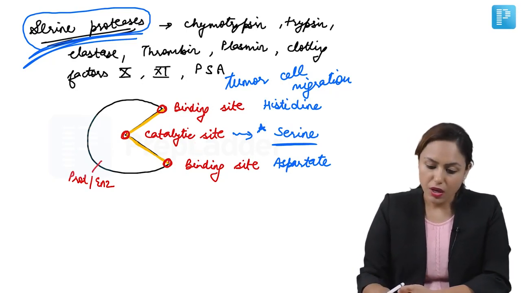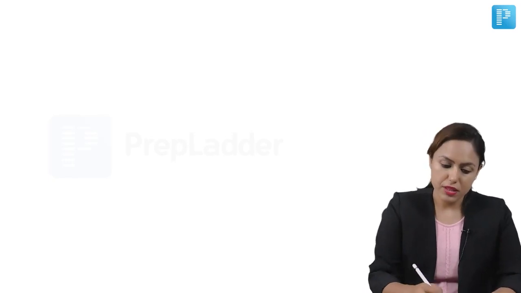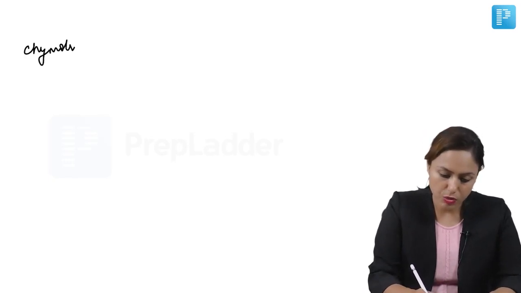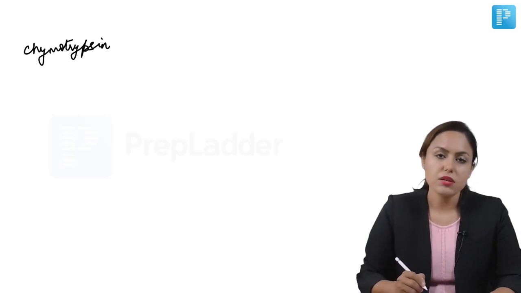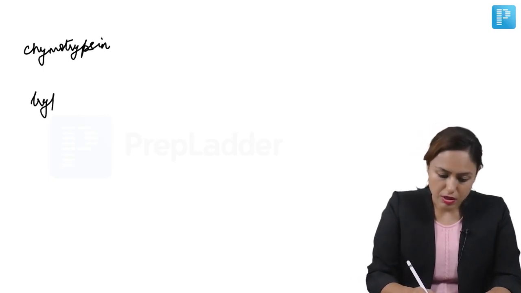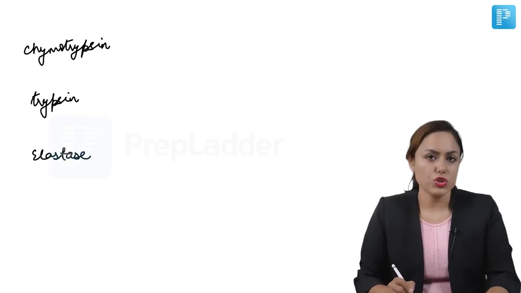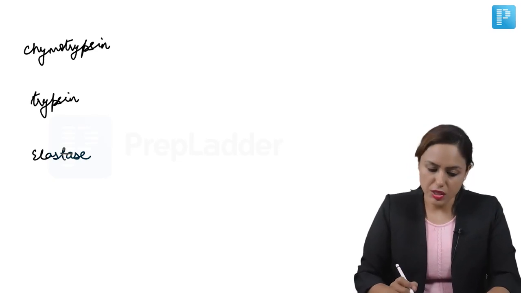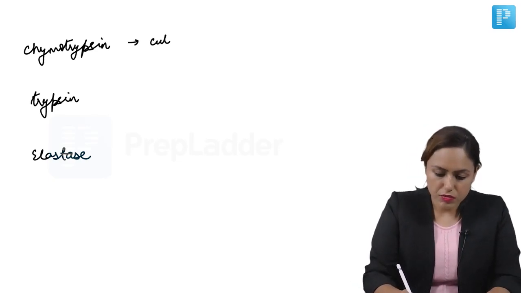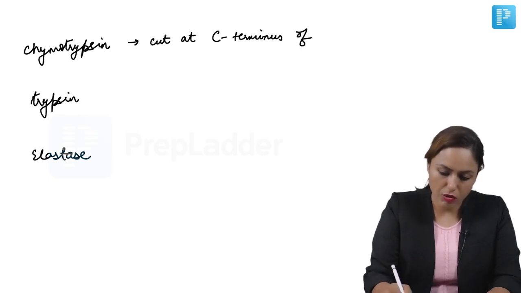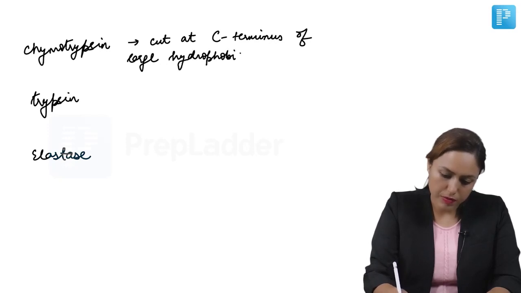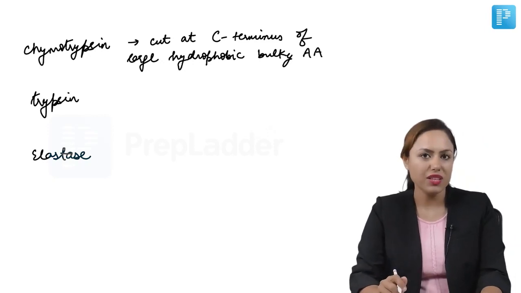Okay. Now we have to learn at which amino acid these important serine proteases cut. That is chymotrypsin, trypsin and elastase. Questions are usually asked on these 3. So chymotrypsin will cut or cleave at the carboxy terminus of large hydrophobic bulky amino acids like, can you give me an example?